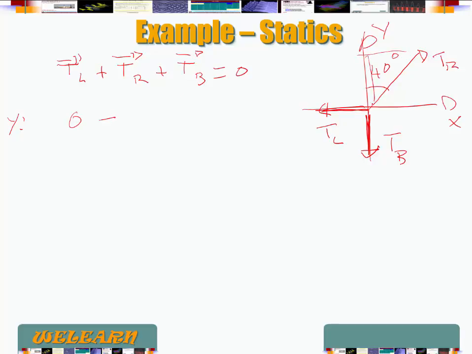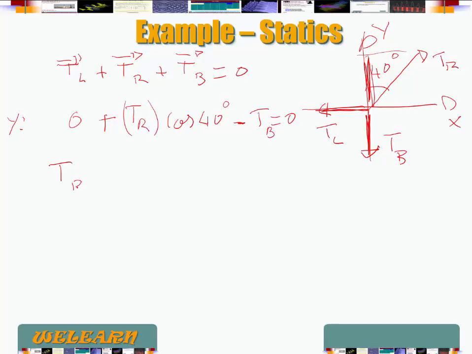TR is going to have this component, which is plus the magnitude of TR that we now know as 7.8 newtons times cosine, since it's adjacent to the angle, 40 degrees. And TB is fully in the negative direction, so that's minus TB equal to 0.